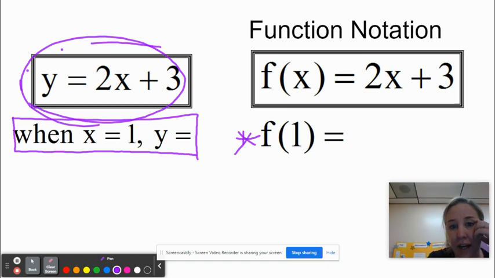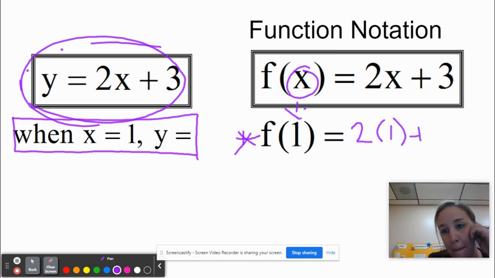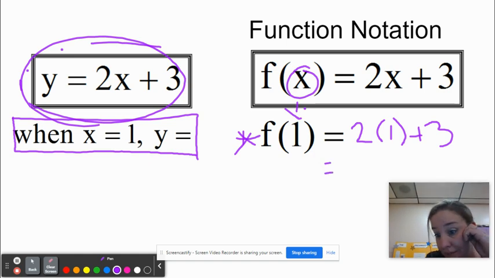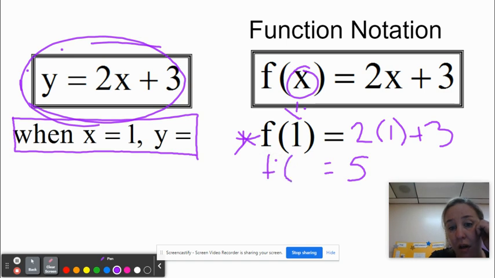So it's saying, okay, if x is 1, plug in a 1 and evaluate. F of 1 equals 2 times 1 is 2, and 3 more gives me 5. So f of 1 is 5.